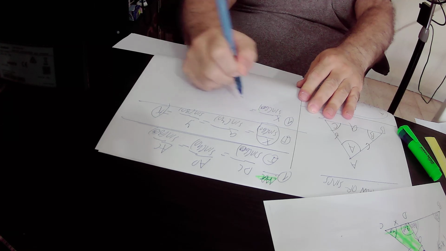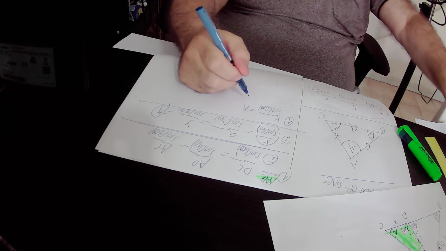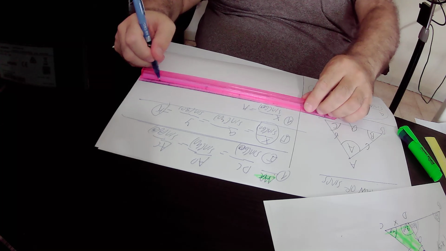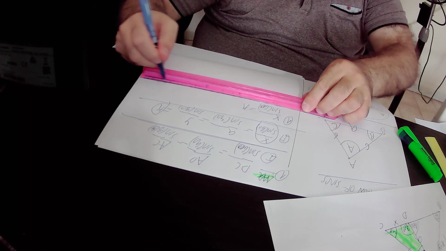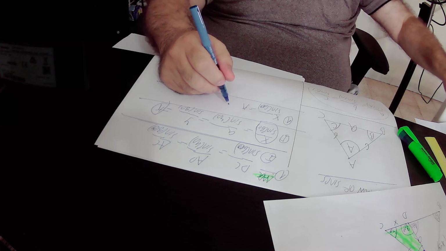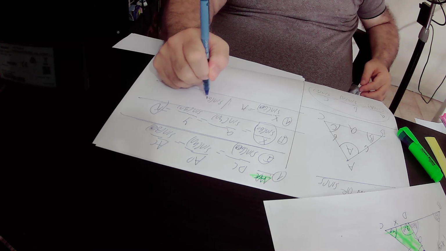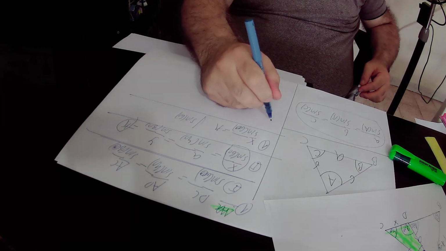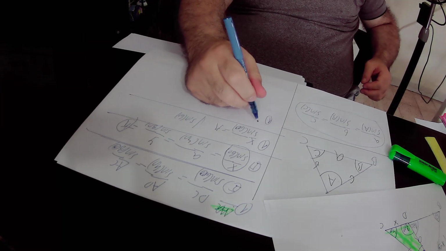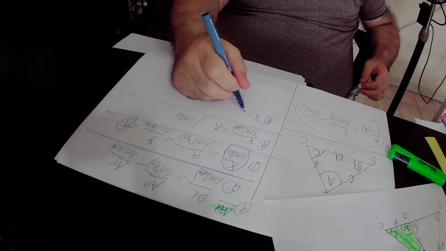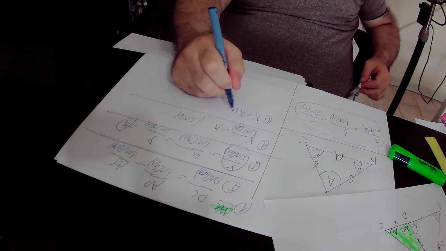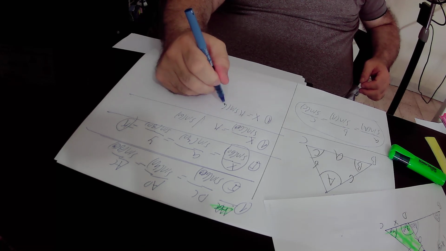equals k. Here we will multiply this equation number 1 by sine 60 degrees, and we'll get that according to equation number 1, x equals k times sine 60 degrees.